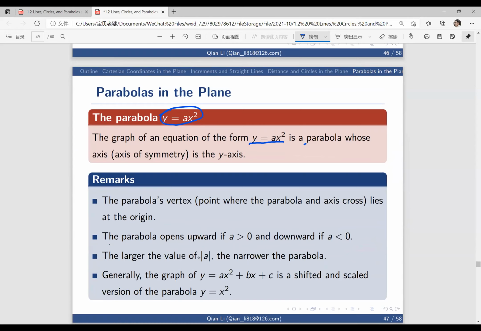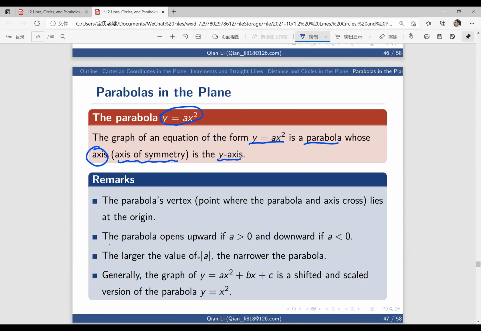Whose axis? This axis means the axis of symmetry. This is the y-axis. The parabola's axis means the axis of symmetry for this parabola.